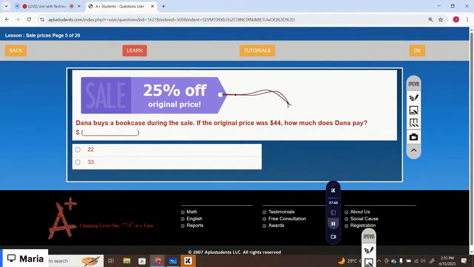Dana buys a bookcase during the sale. If the original price was $44, how much does Dana pay? So which is the correct option?